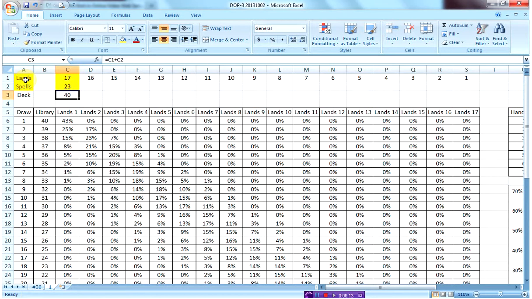And we take those 17 lands out of our 40 card limited deck, and in their place we put 17 cards with identical card back and everything, and the front of the card just said draw a card from your land deck. And we took those 17 lands that we had removed and we shuffled them up and put them in a separate pile and called that our land deck.